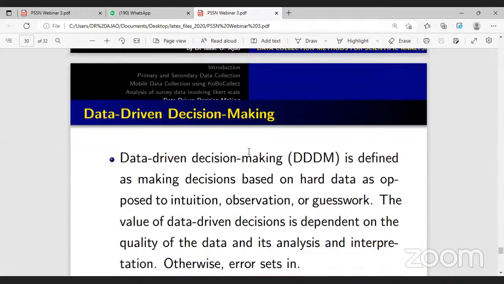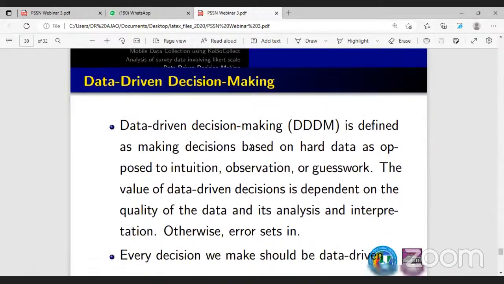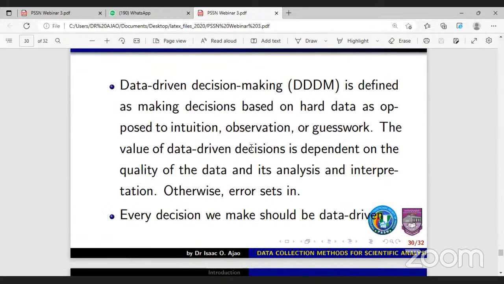Now, you can see data-driven decision making. Any decision you want to make must be data-driven. That's the whole truth. If we are making decisions without adequate collection of data, or data collection that does not go through a reliable method, the decision we are making from such analysis or data collection will not be valid, and it can be queried.